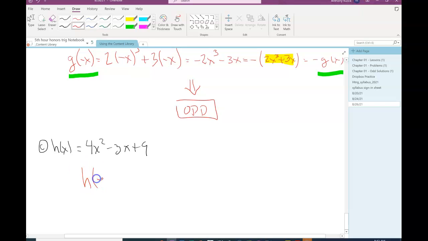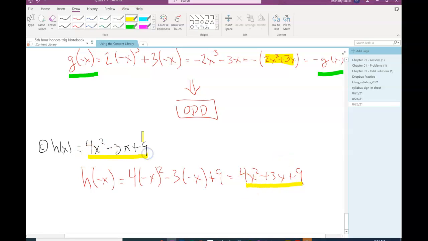We'll start the same way. So h of negative x. Negative x squared is positive x squared, so I have 4x squared. Negative 3 times negative x is positive 3x. And then the 9 just stays plus 9. If I compare these two, well, I know this is not h of x, because the signs aren't quite right.